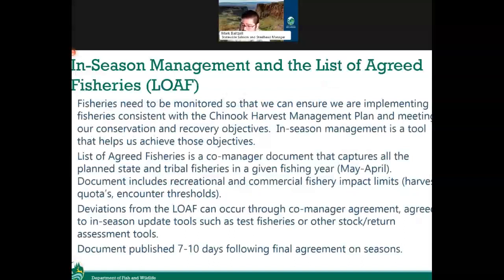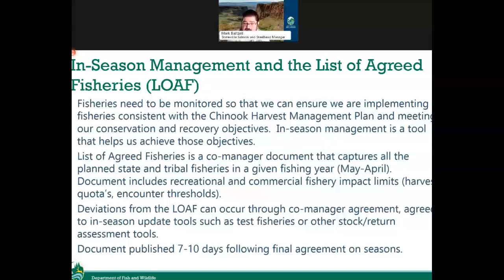Kyle talked about it a little earlier. We have a document that we produce at the end of North of Falcon called the List of Agreed Fisheries. It's a big document that talks through all of the planned fishery dates and seasons for both the tribal co-managers and the state fisheries, from the coast and in Puget Sound and in all the freshwater systems. Within that document there are a lot of appendices, including in-season management, test fishing plans, and other agreed-to monitoring plans for the state.